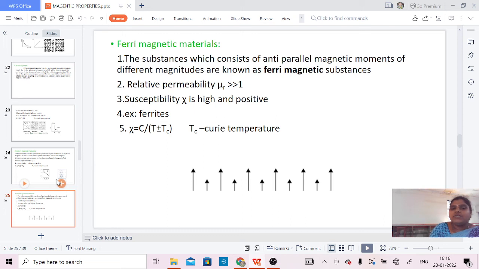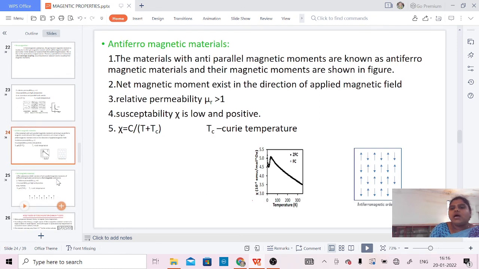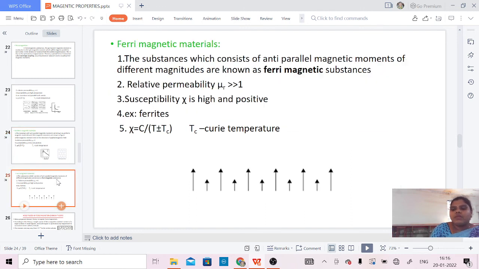The substances which consist of anti-parallel magnetic moments of different magnitudes are known as ferrimagnetic substances. In anti-ferromagnetic materials, the moments are also aligned anti-parallel, but the magnitudes are the same.